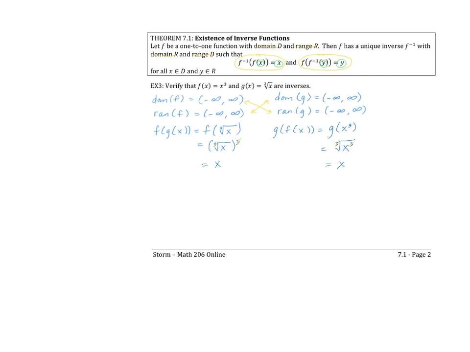So what we put in is what we got back out. So our conclusion is, since the domain and range are switched, and since when we compose them in both directions what we put in is what we got back out, f and g are inverses. All right, so let's go ahead and look at the next page.